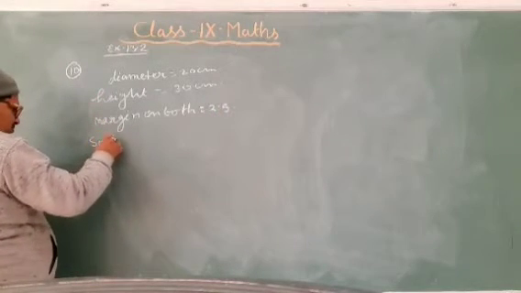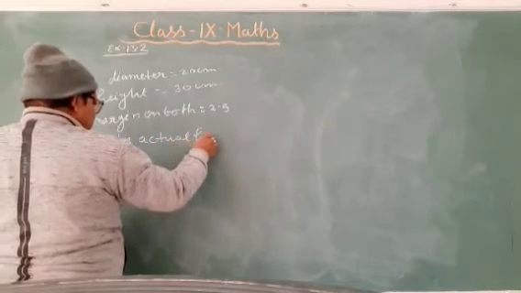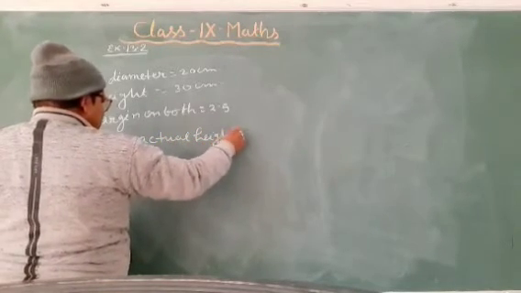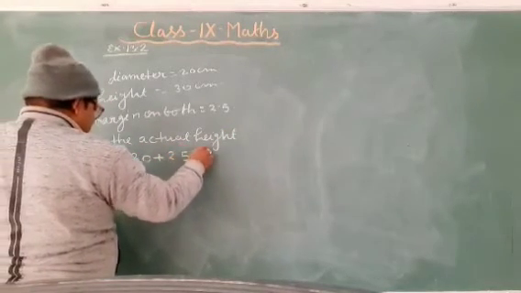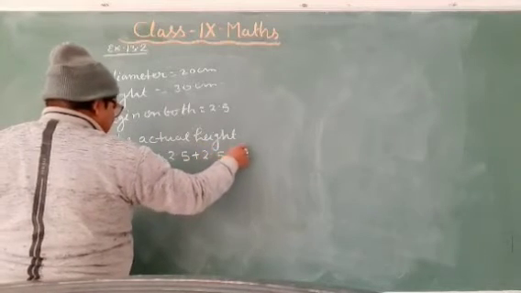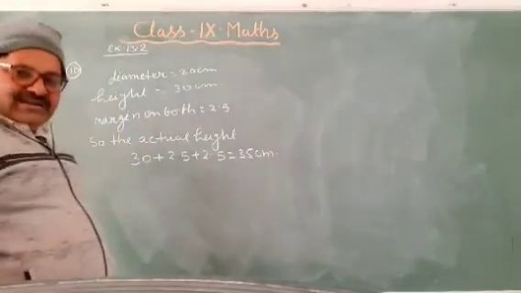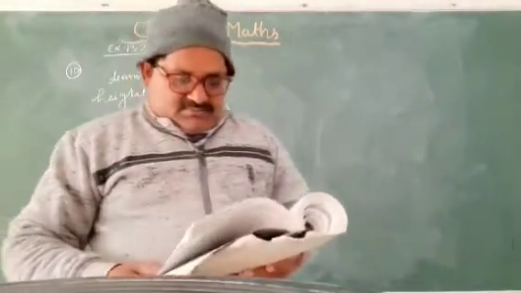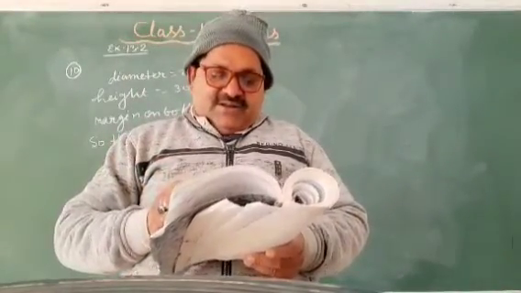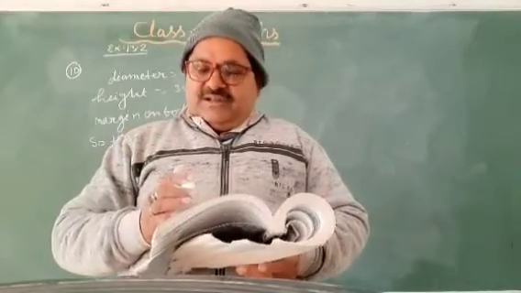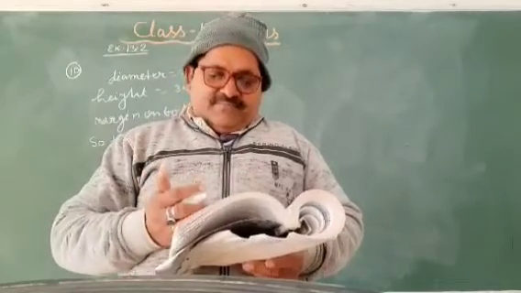So the actual height is 30 plus 2.5 plus 2.5 equal to 35 centimeter, and a margin of 2.5 centimeter is to be given for folding it over the top and bottom of the frame.